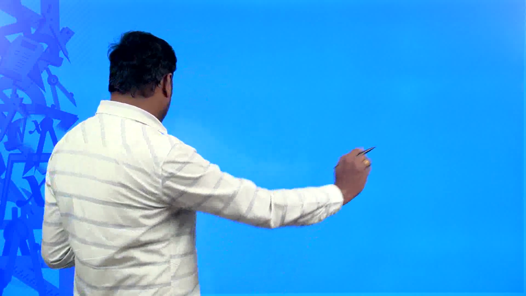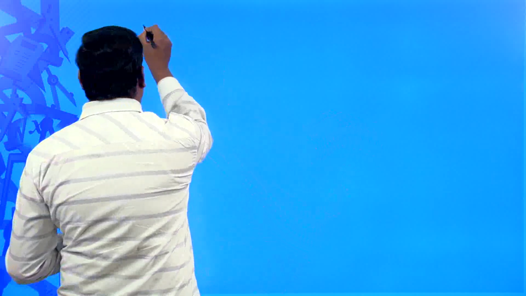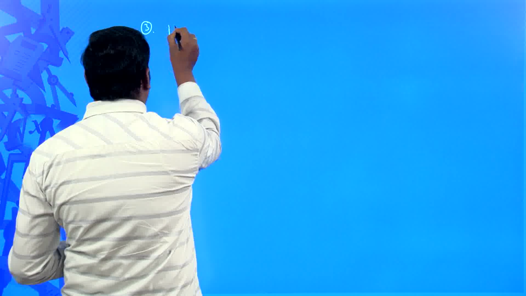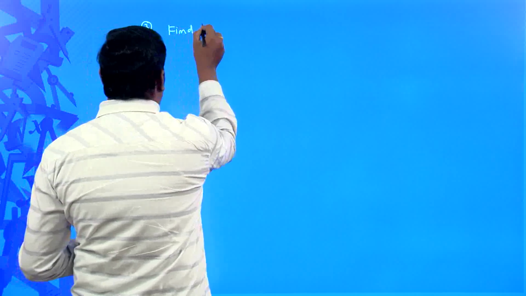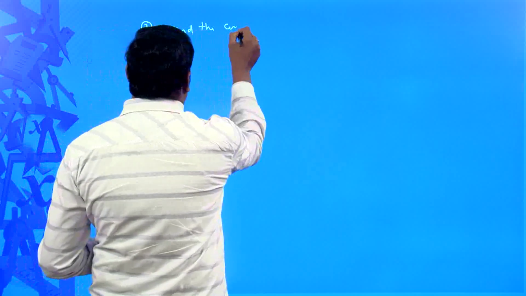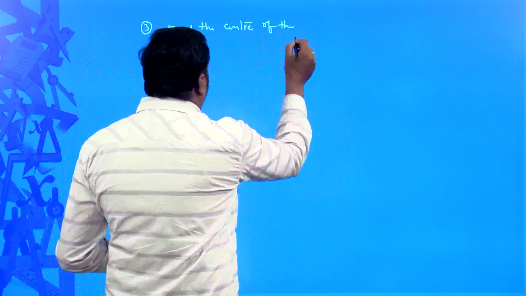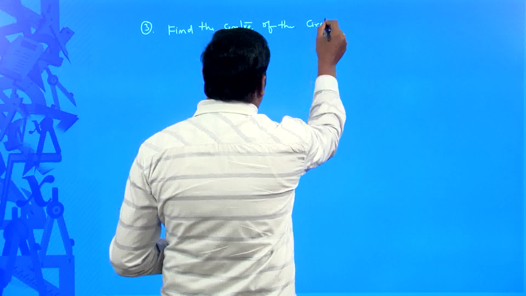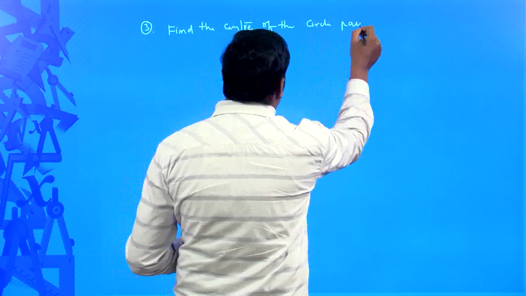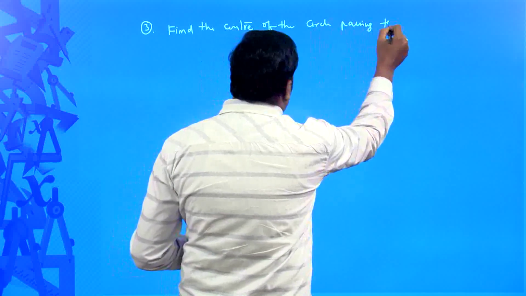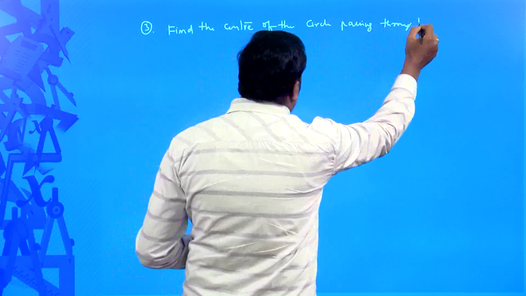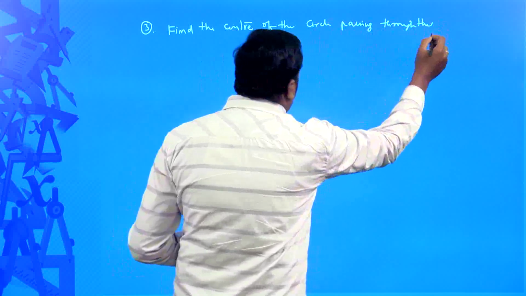So one of the problems, the third problem, is: find the center of the circle passing through the points.